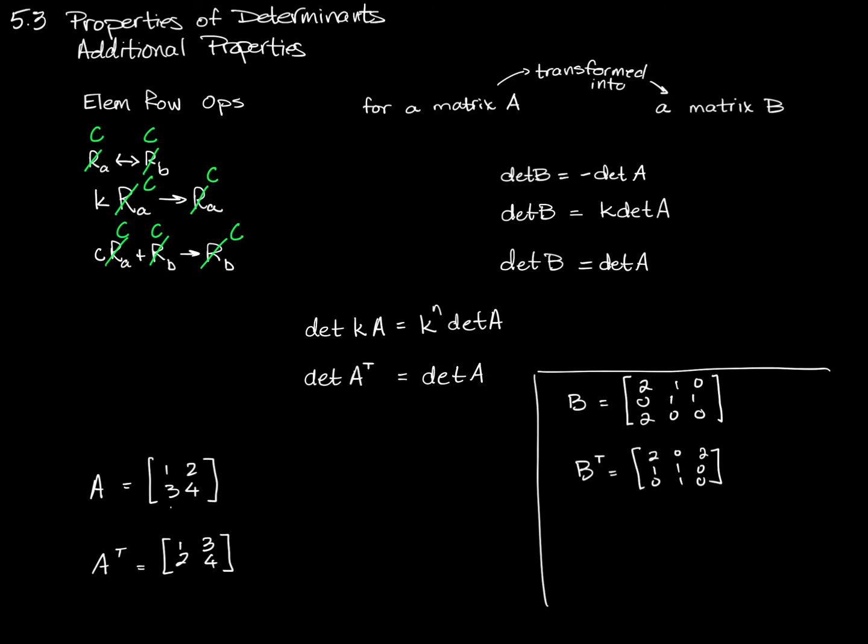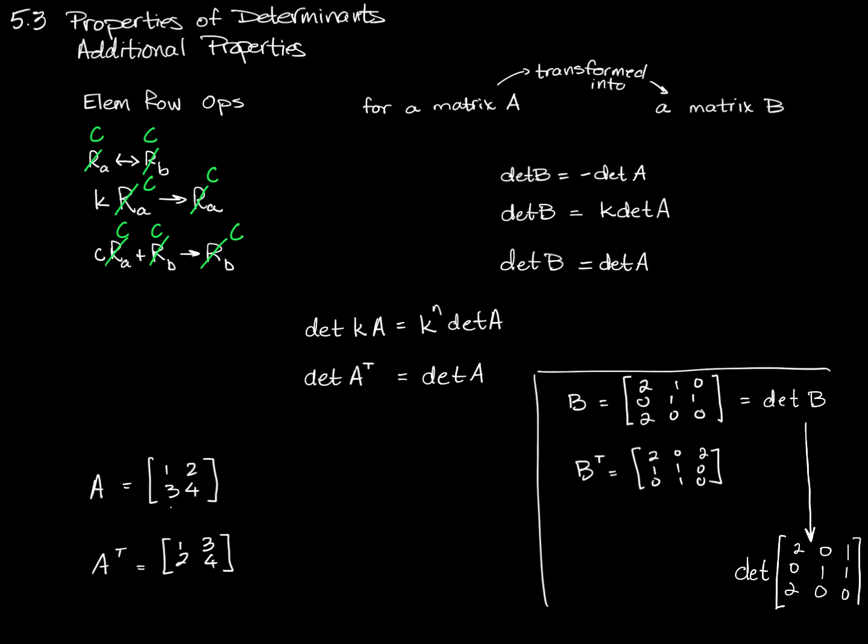If I want to take the determinant of B, I can do it by taking the determinant of the matrix 2, 0, 2, 0, 1, 0, and 1, 1, 0.